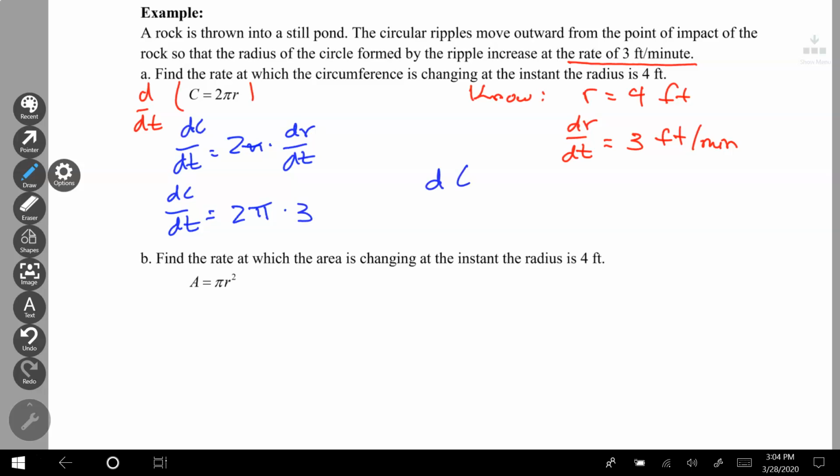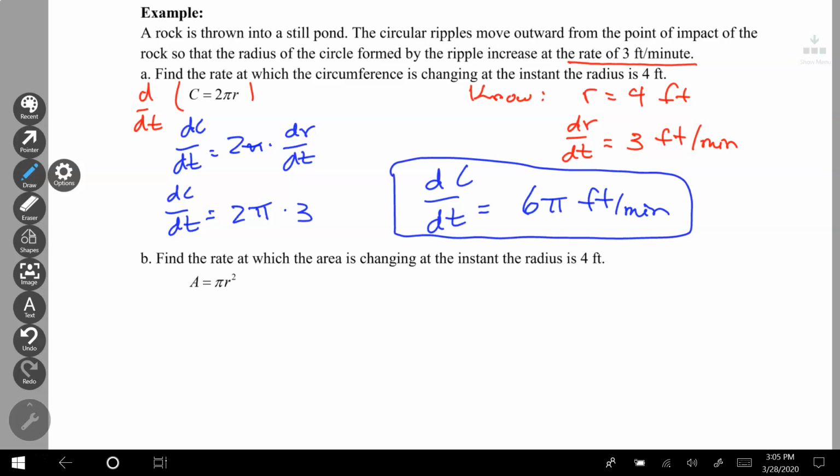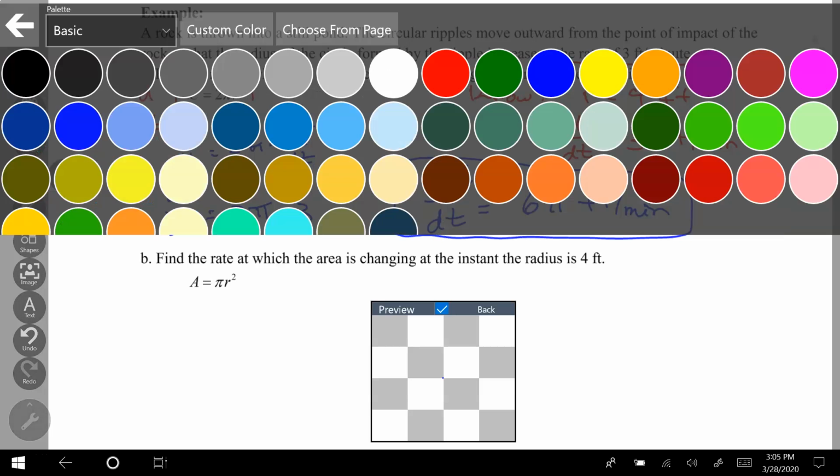And overall, dc over dt is equal to 6 pi feet per minute. That means in the moment of me looking at the radius of 4 feet, the circumference of the circle is changing at 6 pi feet per minute. Okay, the second part, how is the area changing?